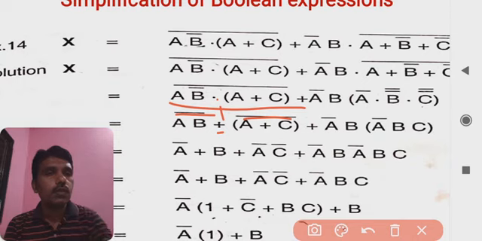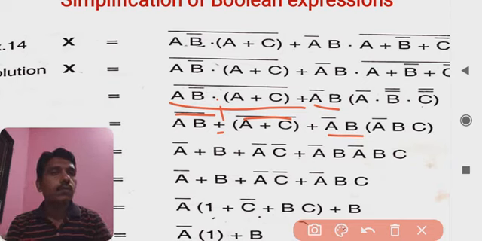Again here, a complement or b complement, and a complement or b complement or c complement, the total complement is to be there.